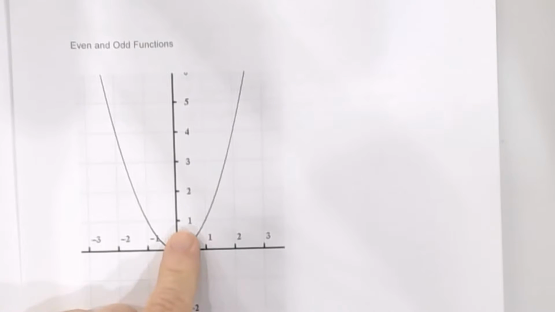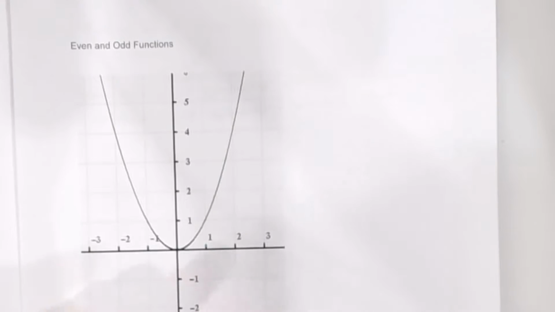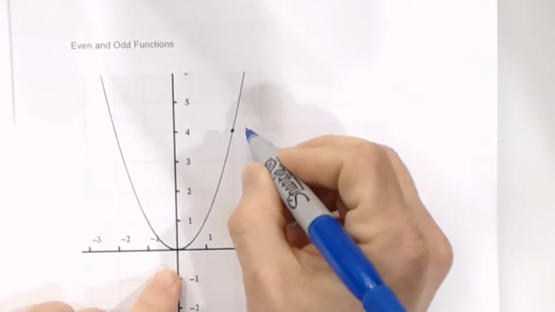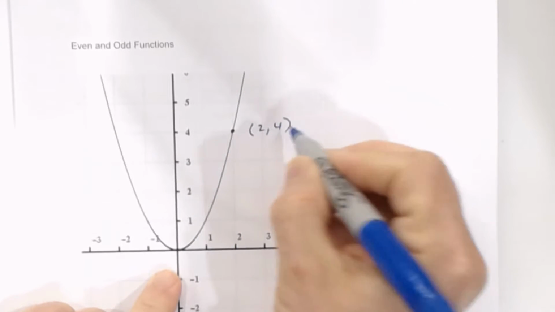But when we talked about this graph right here, you can look at this and say that it's what kind of function? Even, because it's symmetrical about the y-axis. We had that discussion yesterday. It was on your in-class worksheet that this point right here is the point 2, 4.